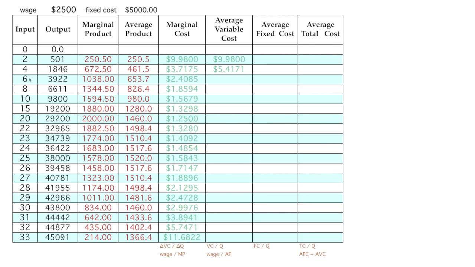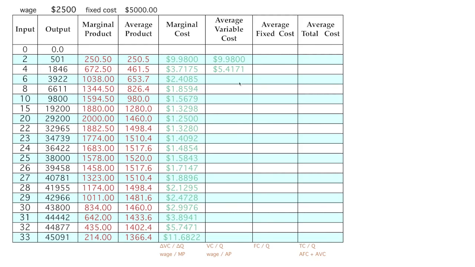Same thing here. You could take 6 times 2,500 on this next line of the table, and you get 15,000 as your variable cost. Divide it by your output of 3,922. That would give you the average variable cost.